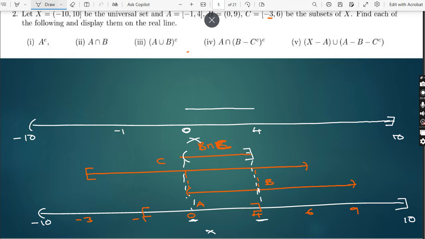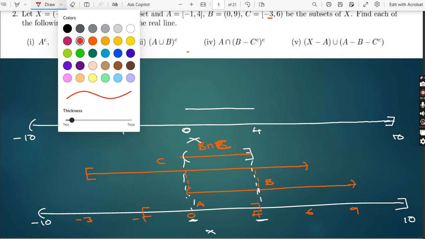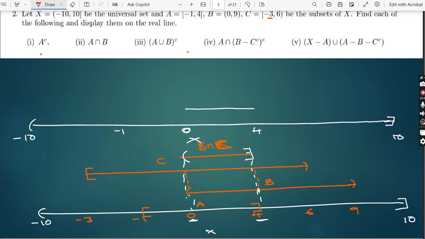This is how you show sets now. It's an interesting part of this set. So this is where our B intersection C is, and here it is not included, but here it is included, and A is included everywhere.